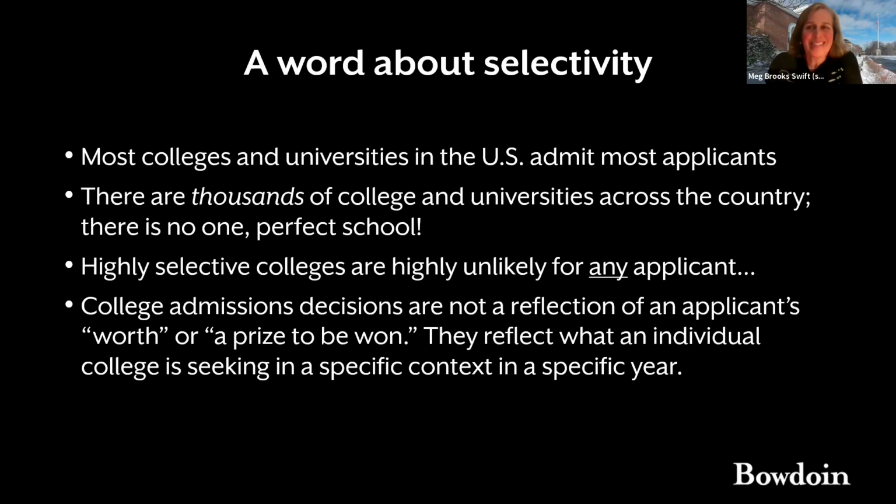So I want to take a minute to talk a little bit about selectivity. When we say selectivity, we are talking about the acceptance rate, or the percentage of applicants that are admitted to an institution in a given year. It does not indicate anything in particular about a specific institution, just that it receives more applicants than it is able to admit and enroll in its class.